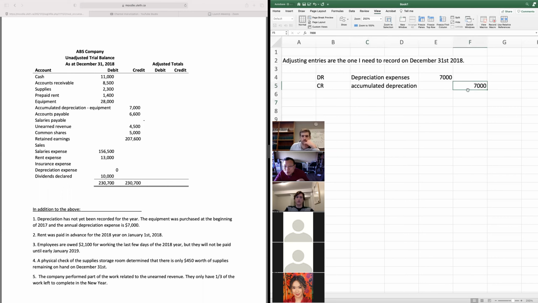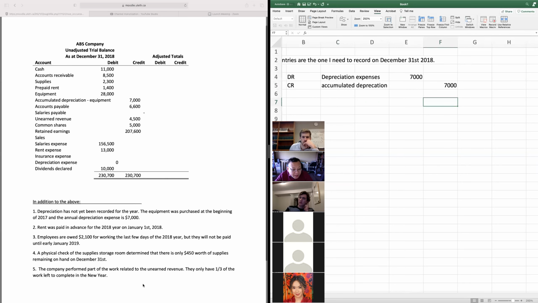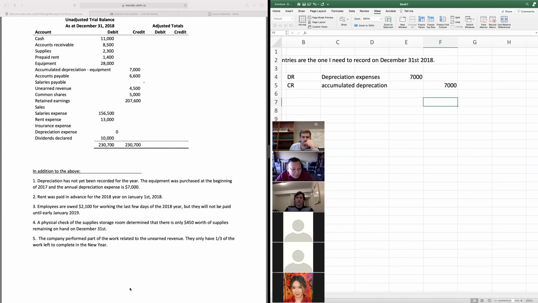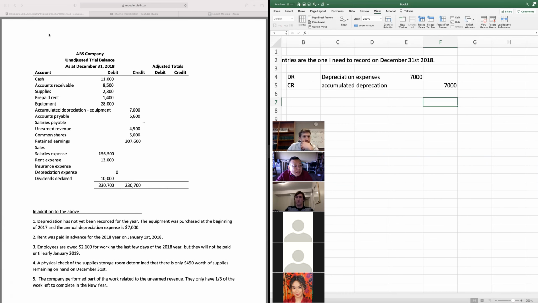So now I have to post this entry. How should I do it? Give me a second. I probably need to download this file because right now I cannot write on it.